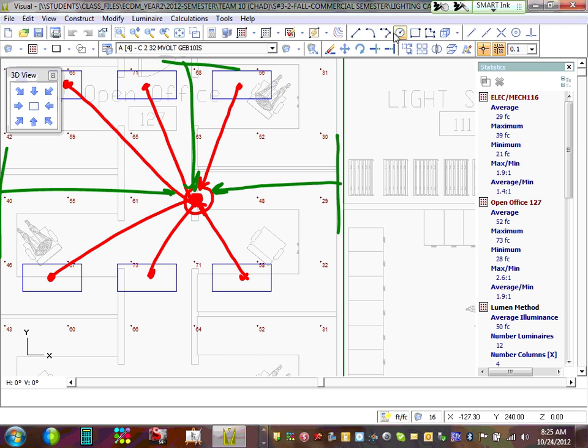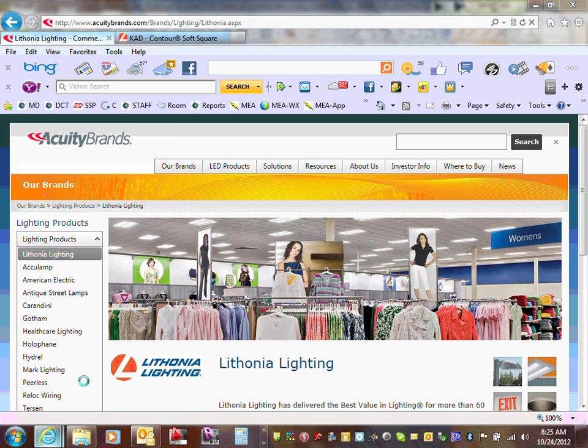And the last thing I want to show you is one thing to find. If you go to Lithonia, this is the Lithonia site, and this is Acuity Brands. This site is in the collection of sites that I gave you in the instructor folder. You go there.